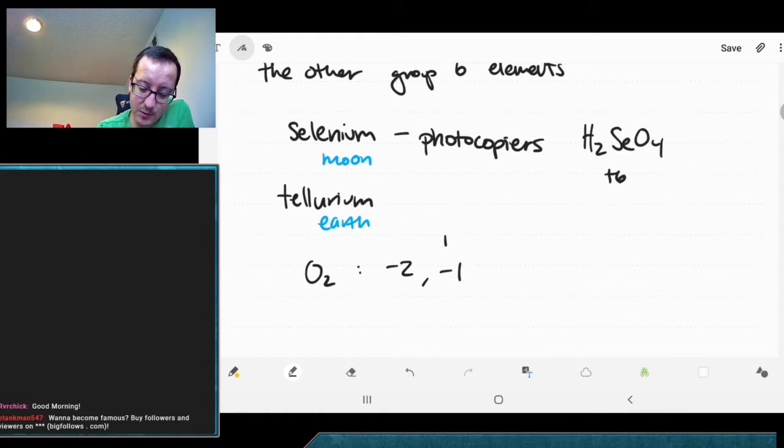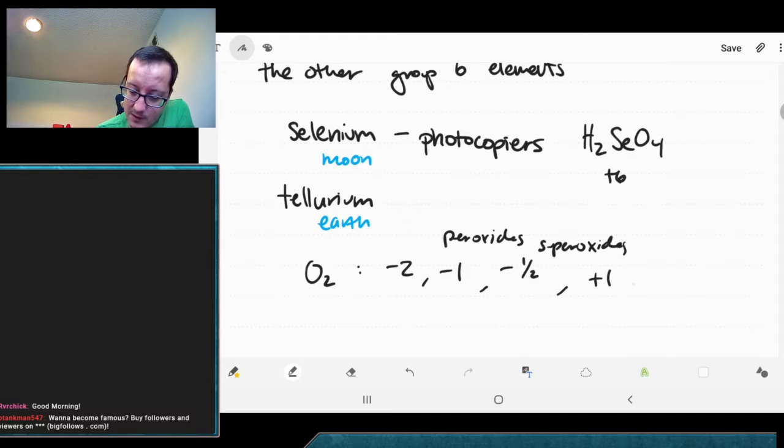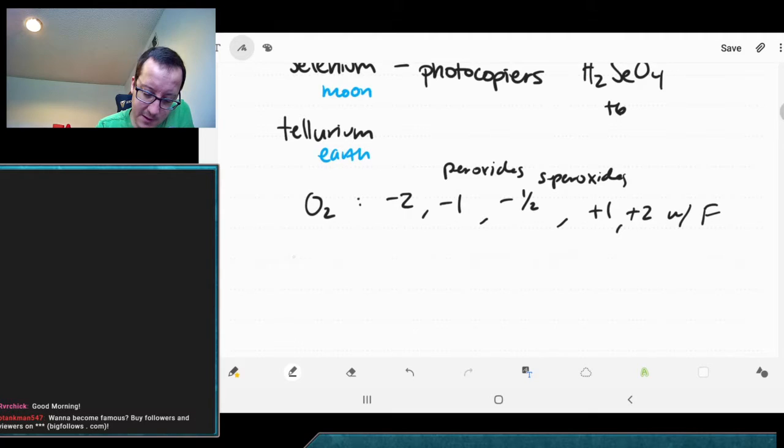We have -1 in peroxides, -1/2 in the superoxides, and then +2 with fluorine. So just depending on what's going on with it, those are the oxidation states it takes.